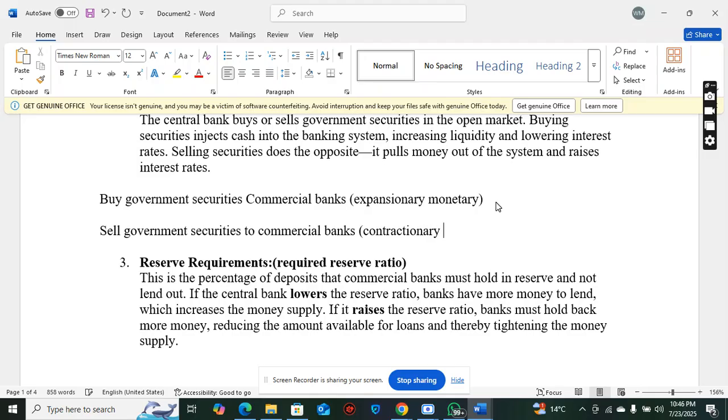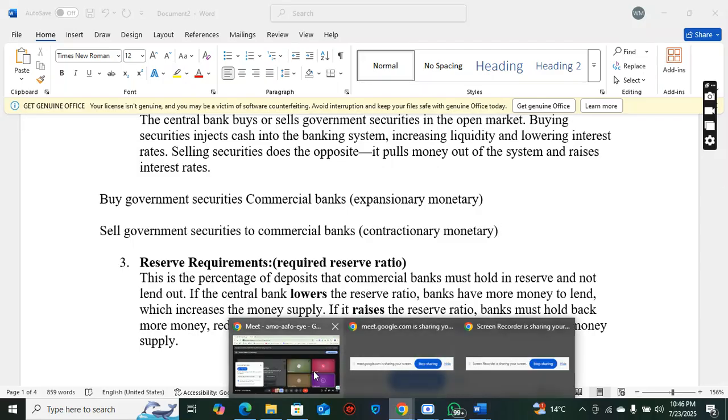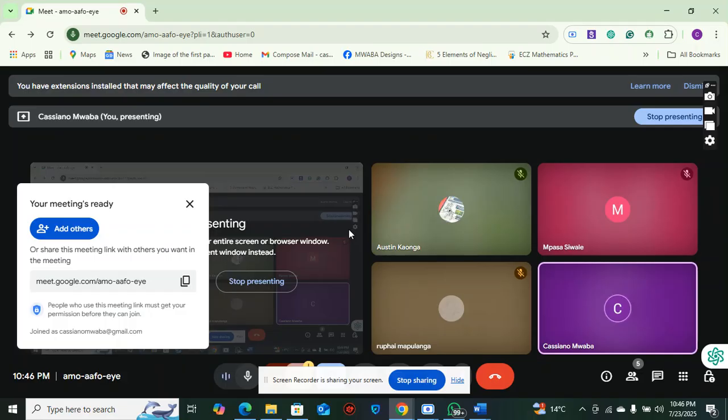So when they sell these treasury bills, they're pulling money out of the commercial banks' reserves. And when they pull money out of the reserves, it means the commercial banks have less money to lend out, which translates to high interest rates.